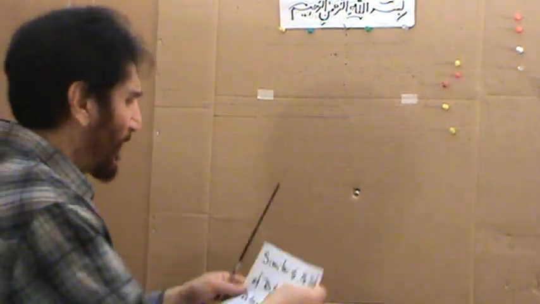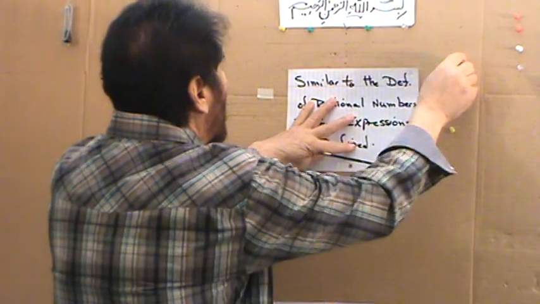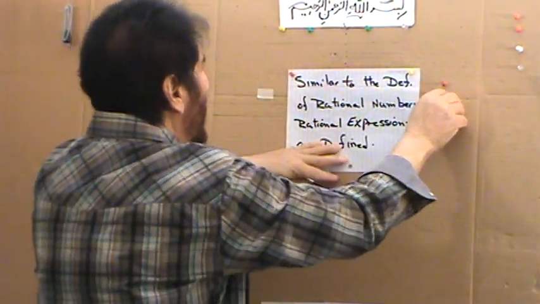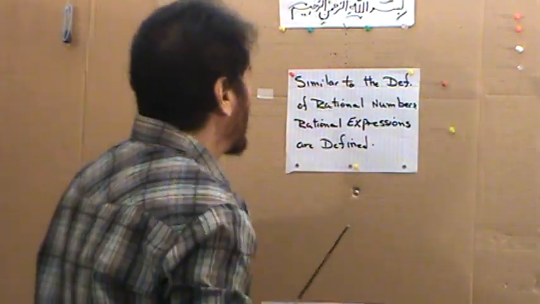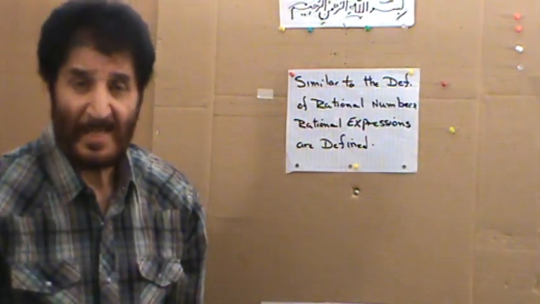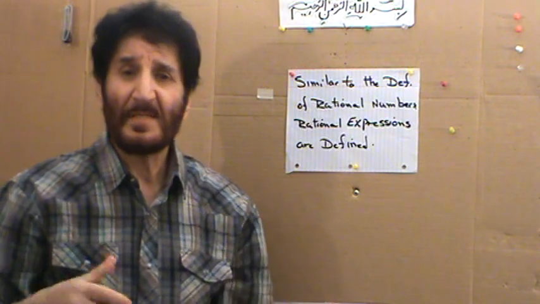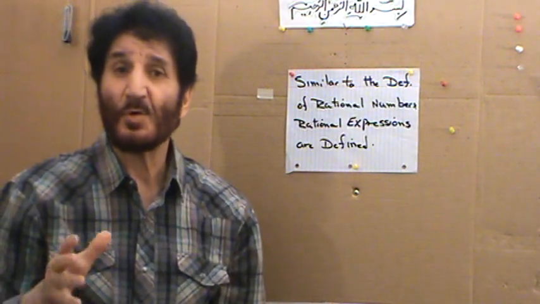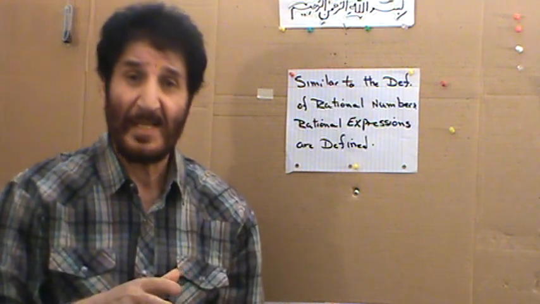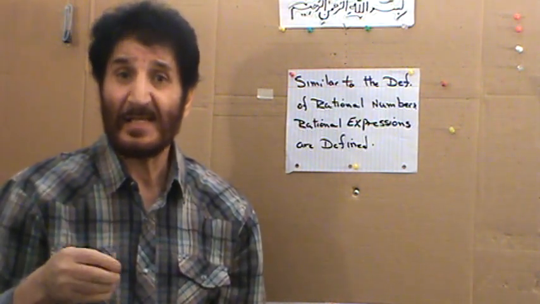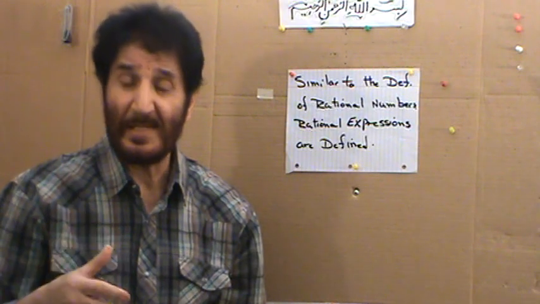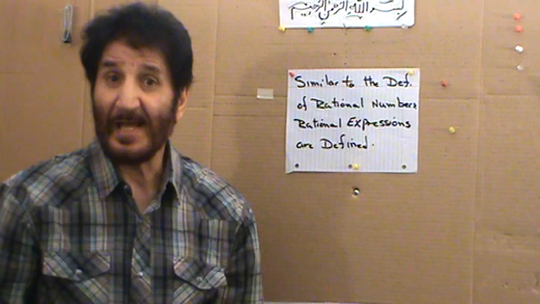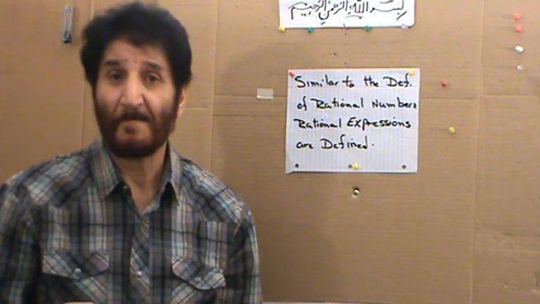So now let's see what the subject is about: rational function. Let's see what a rational expression is. When we define rational numbers, we say rational numbers are those real numbers that can be written in the form of a over b, where a and b are integers, and b naturally cannot be 0, the denominator.